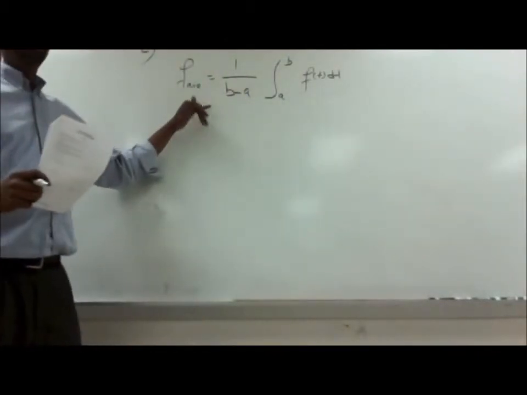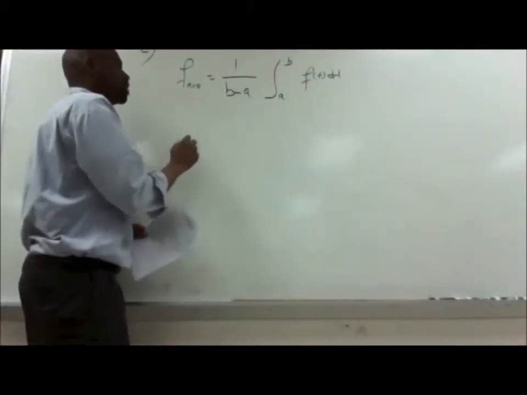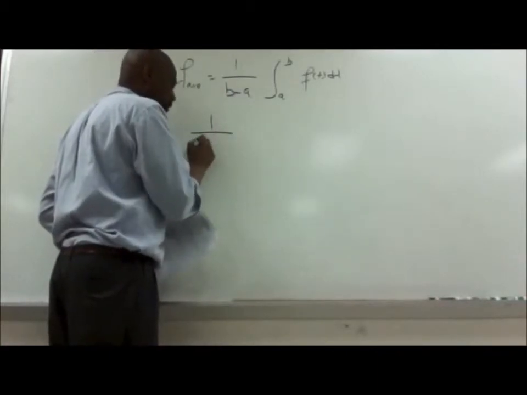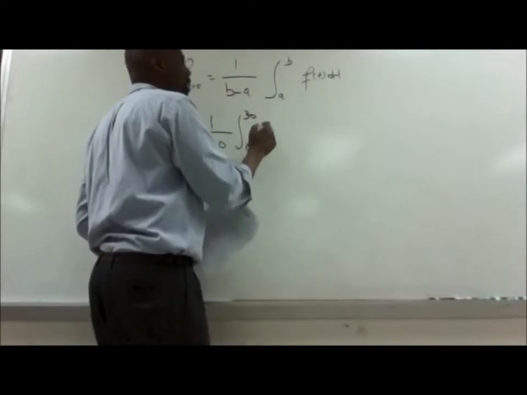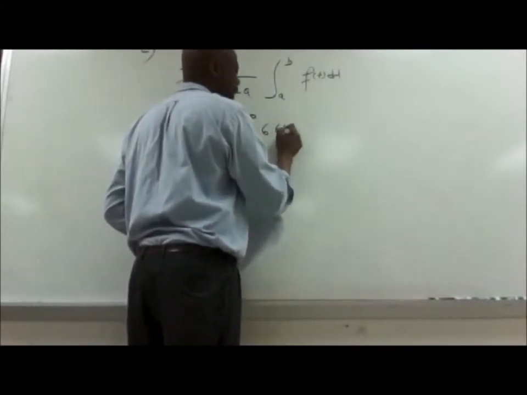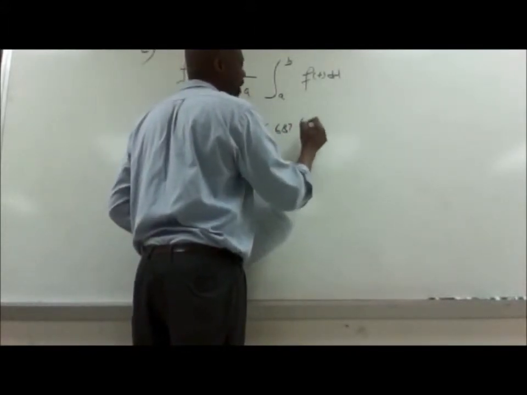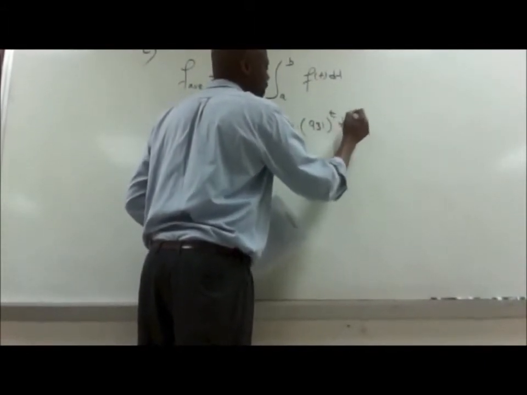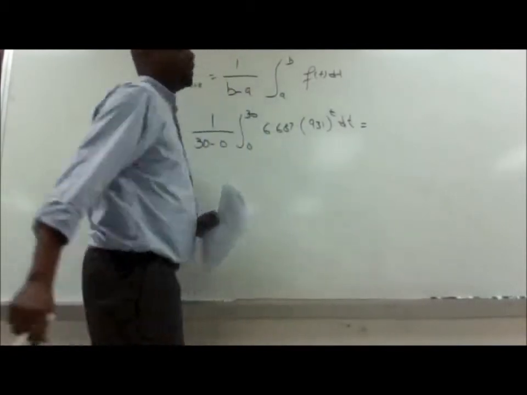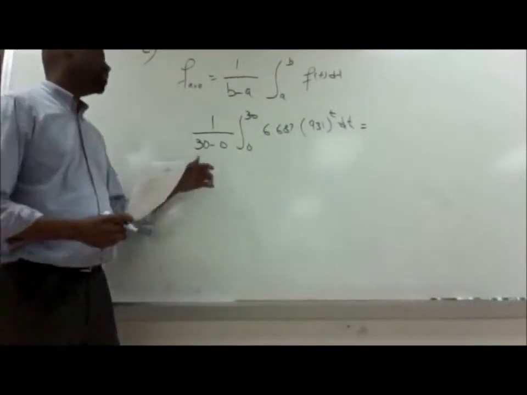We're going to use this formula. It's going to be 1 over (30 − 0) times the integral from 0 to 30 of 6.687 times 0.931^t dt. This is what we have to do to find the average.